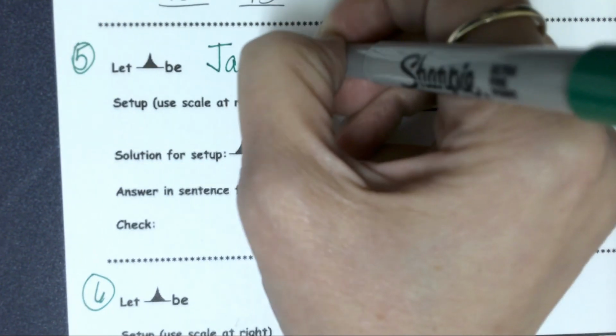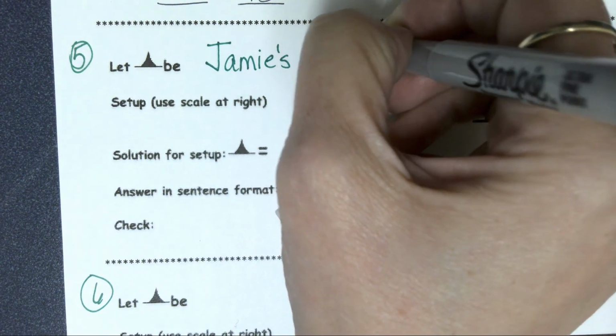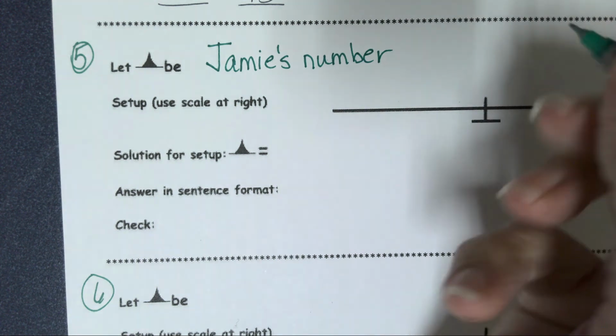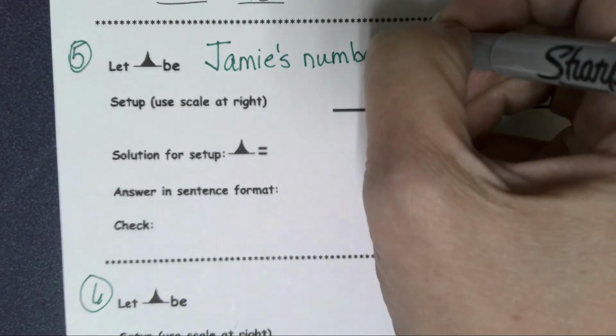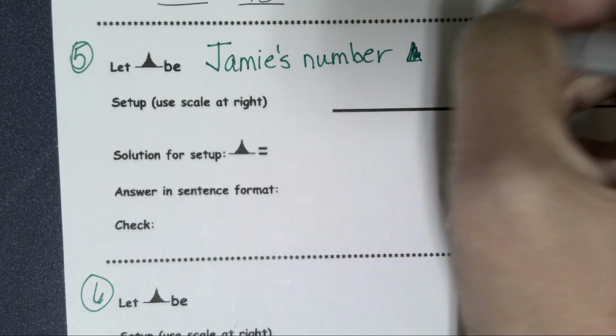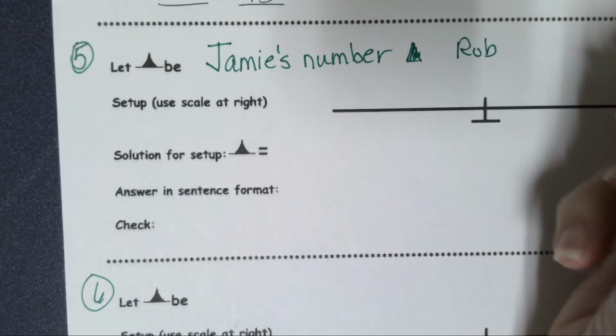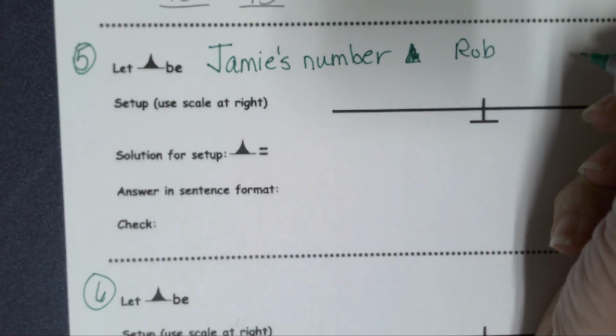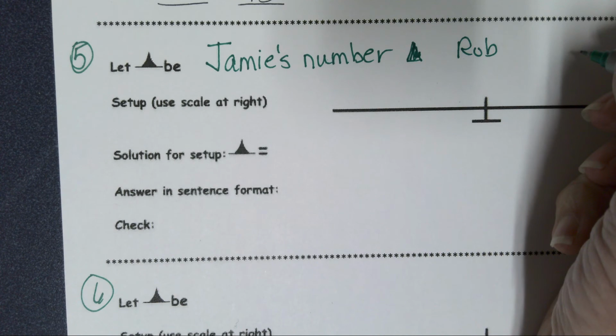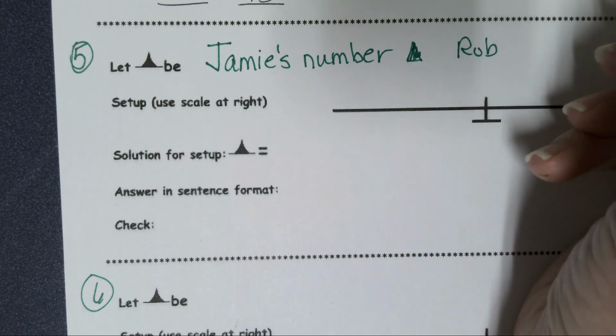Jamie's number is going to be pawn. So the number guessed by Jamie is pawn. And the number guessed by Rob, it says, is double the sum of 1 and twice the number guessed by Jane. So, I'm sorry, Jamie.